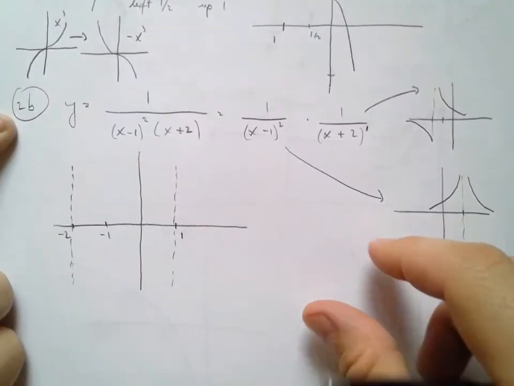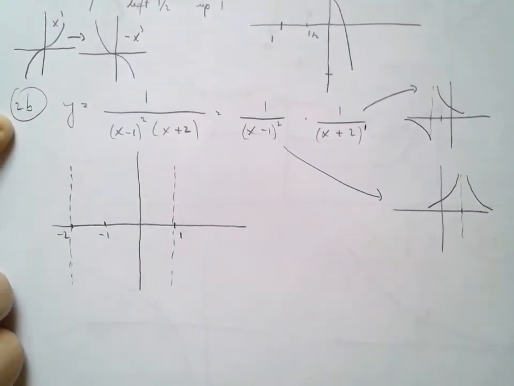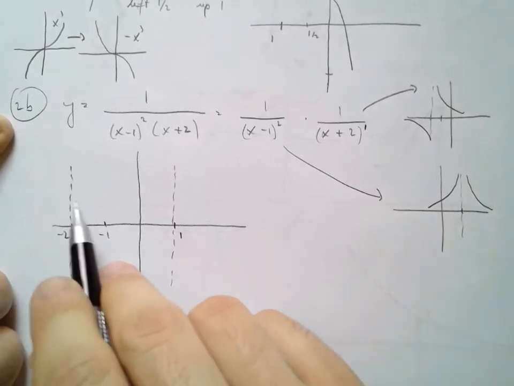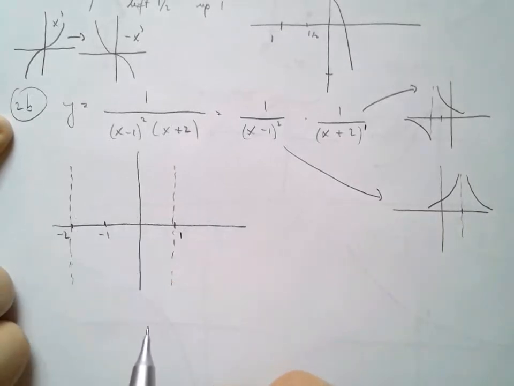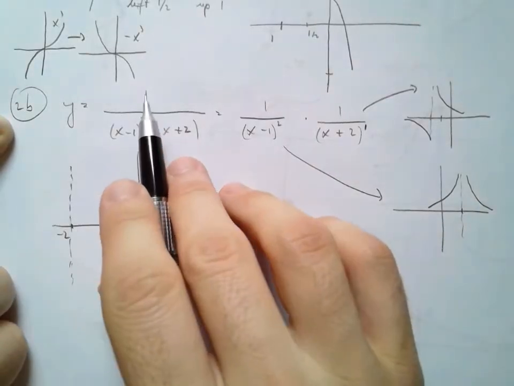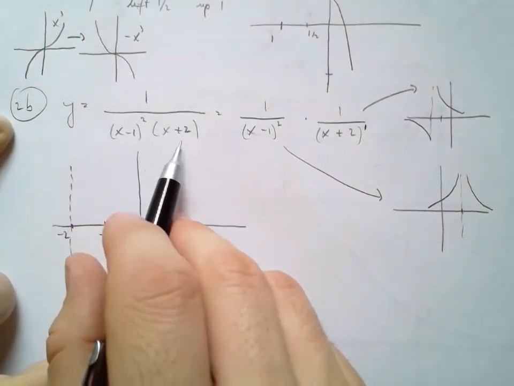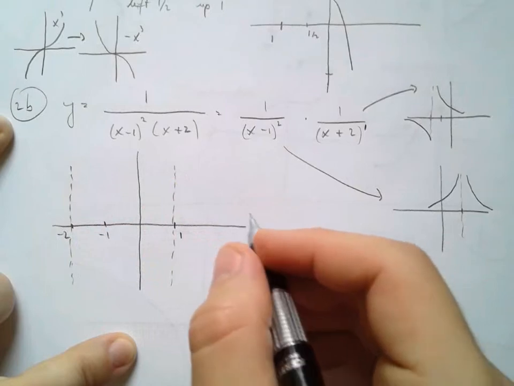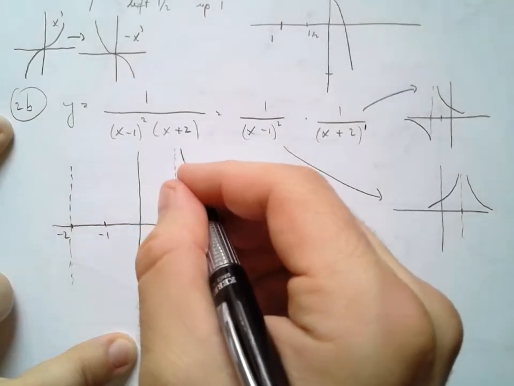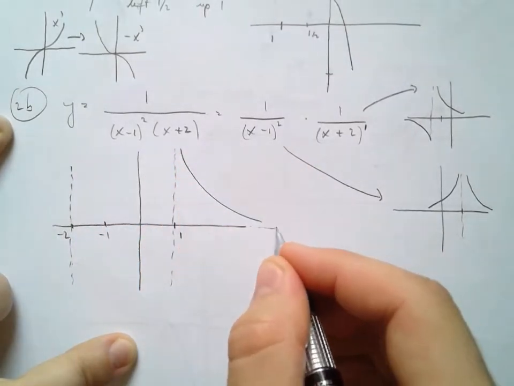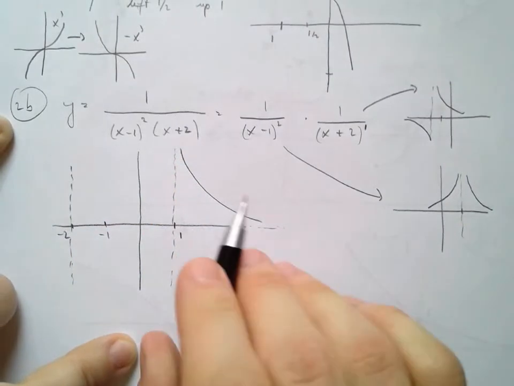And let's see, let's take a look. I don't have any roots, so it never crosses the axes, because I don't have any zeros in the numerator. As I go off to plus infinity, I approach 0 from the positive side, and then I also have to approach the asymptote. So I have this shape here.